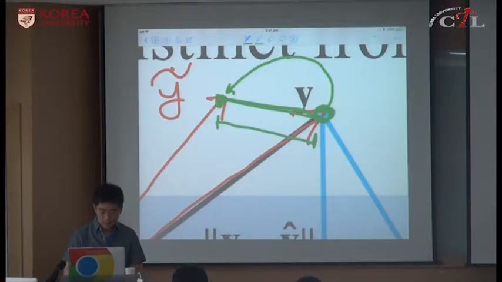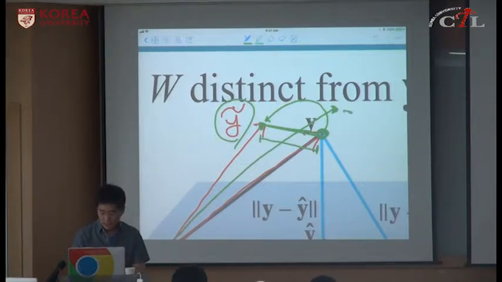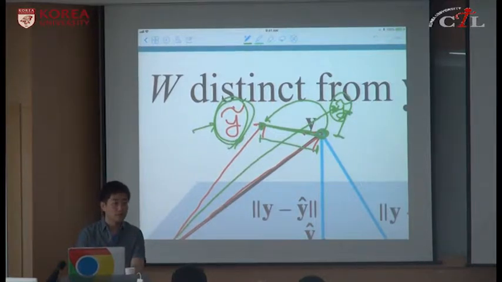Of course, if this y tilde can be placed a little bit closer to y, then this guy is a better approximation than this other y tilde, because this distance is shorter.